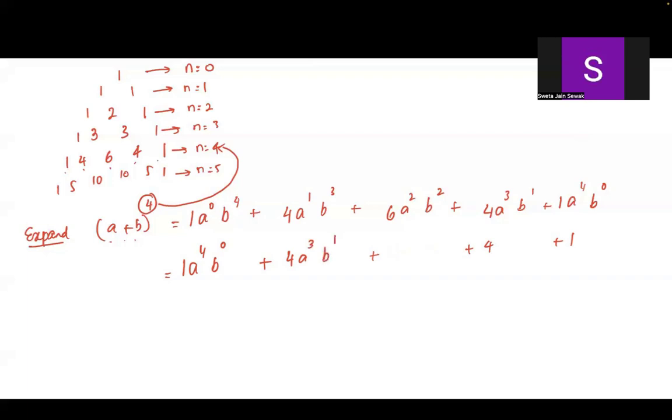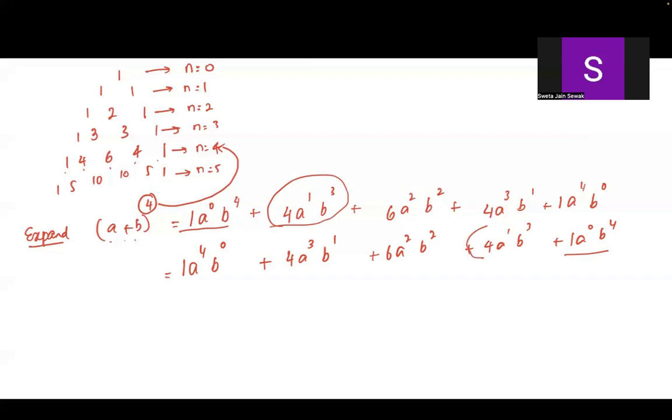And the next one is 6, a to the power of 2, b to the power of 2, and a to the power of 1, b to the power of 3, and finally a to the power 0, b to the power 4. If you see, both these expansions are exactly the same. So my first term over here is 1, a power 0, b power 4, and over here this is my last term. And my second term is 4, a to the power 1, b cube.